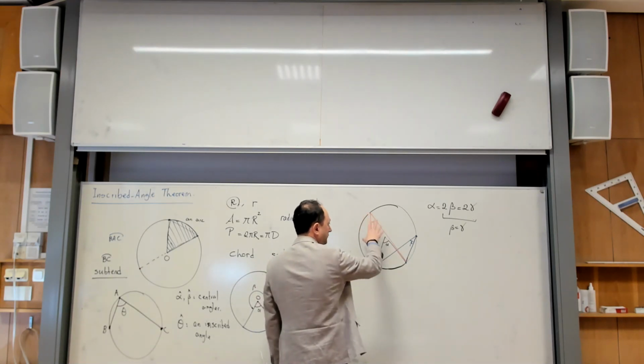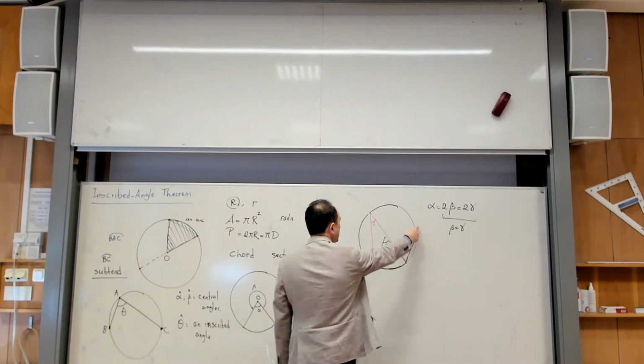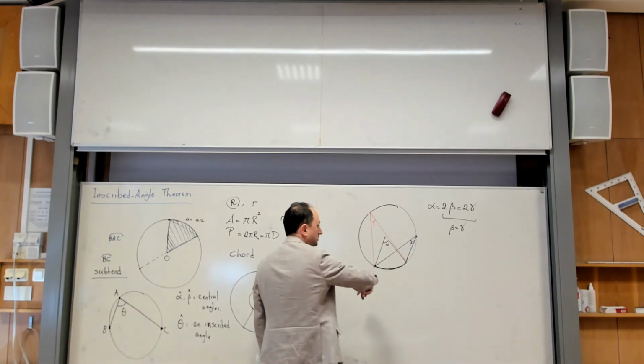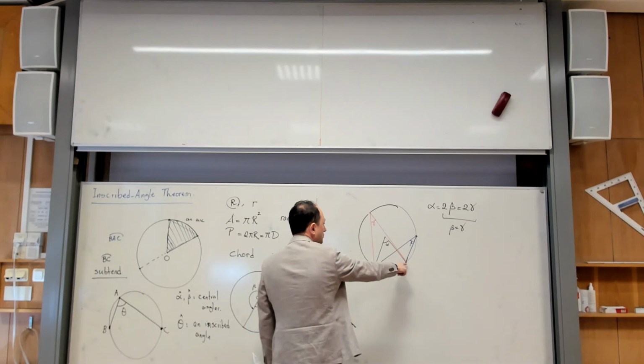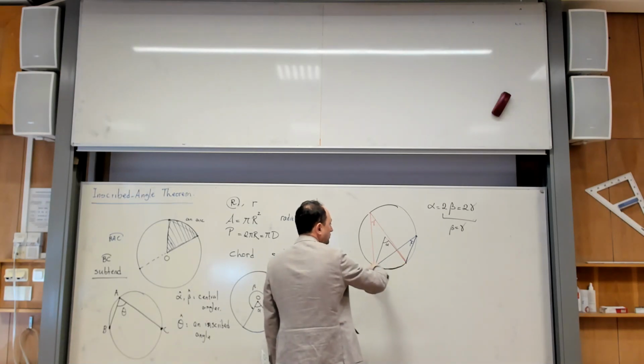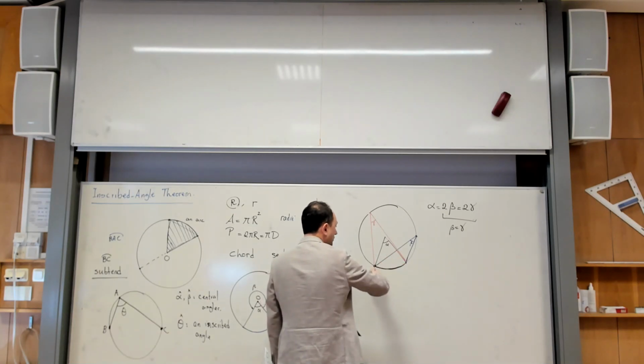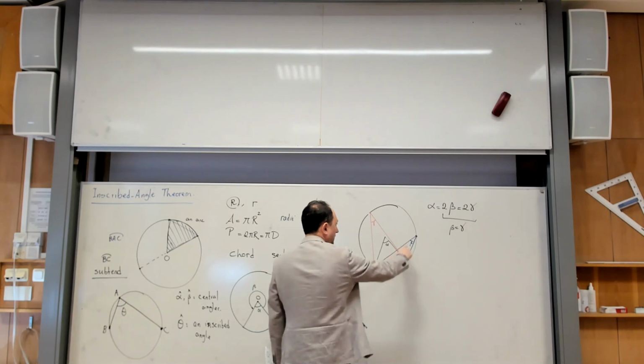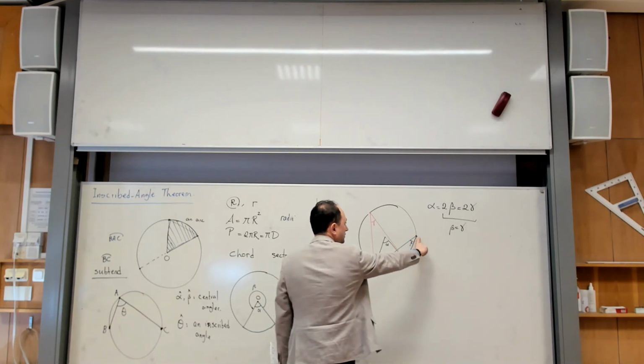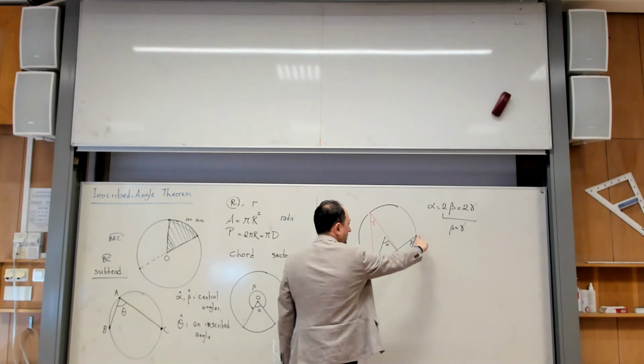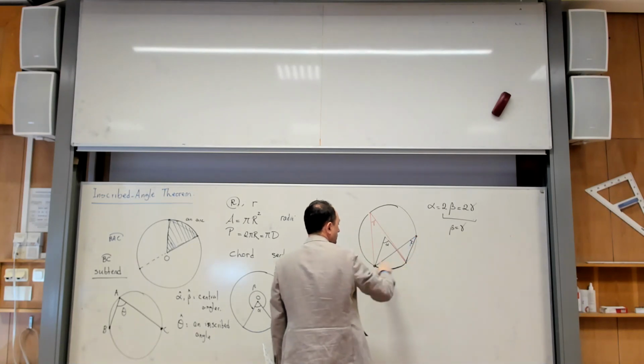I have a fixed circle, and then I fix a point on the circle. Then I take two points on the circle and another point on the circle to serve as the vertex. Then I connect that point to these two points.